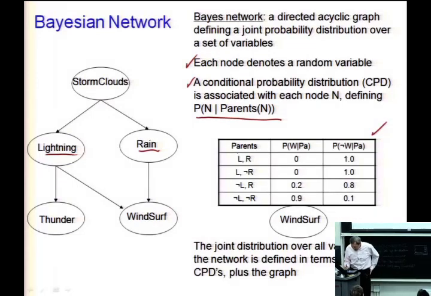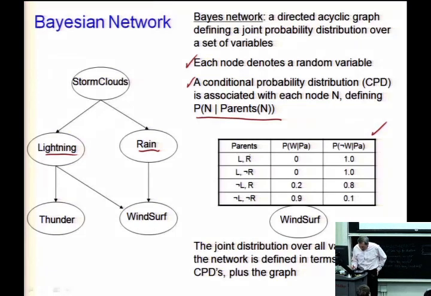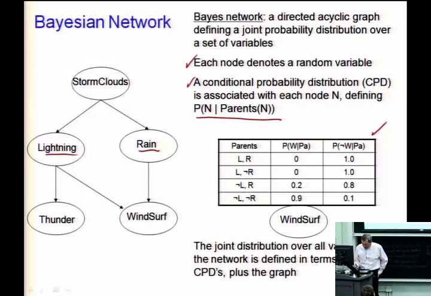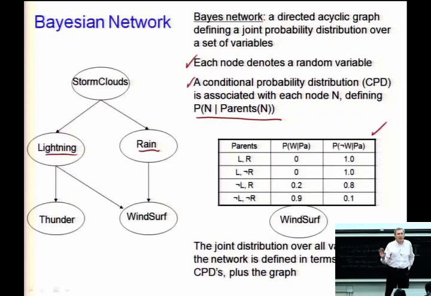You can see the parents are lightning and rain. There are 4 possible configurations for those Boolean valued parents. They can both be true, both be false, etc. And for each of those, we need to specify the probability on windsurf. And so this table fully specifies the conditional probability of windsurf given its immediate parents. Okay, very simple, very straightforward.